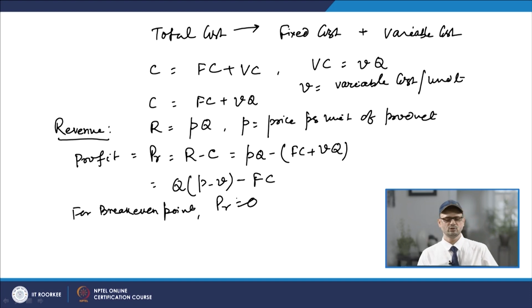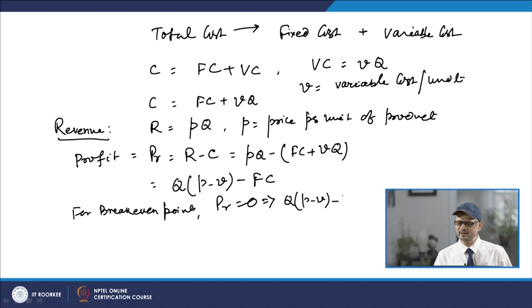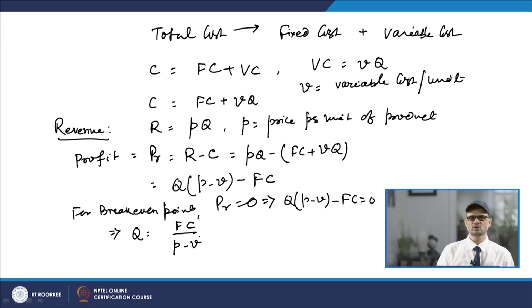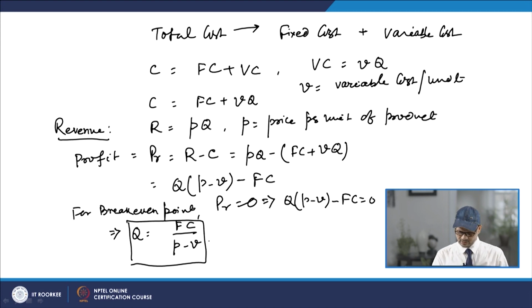So, that implies that Q into P minus V minus fixed cost should be 0, and that leads to the value Q will be fixed cost divided by P minus V. So, this is the expression for the break even quantity. So, FC upon P minus V, this is the break even quantity.